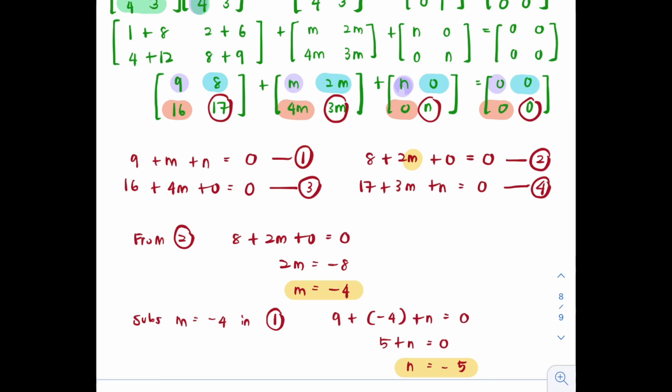We already know the value of M, so we can substitute it inside here. So M is -4, so 9 plus -4 plus N equal to 0, and then just solve for N, which is -5.